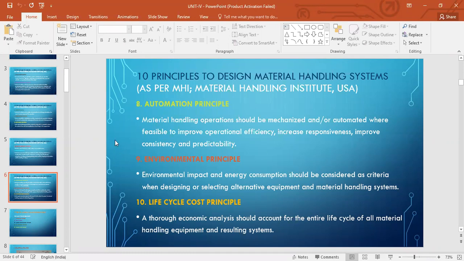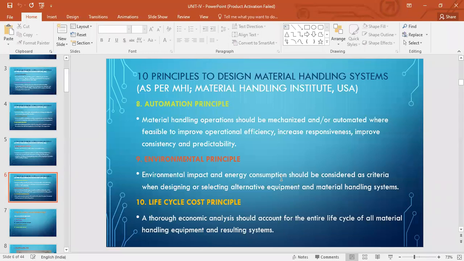Environmental principle. So basically, this takes into account that you have to use containers which are biodegradable or reusable, so that we have these environmental aspects also considered, right? And energy consumption, even that is another factor, right? As I told you, we want to have a very lean kind of system, right?